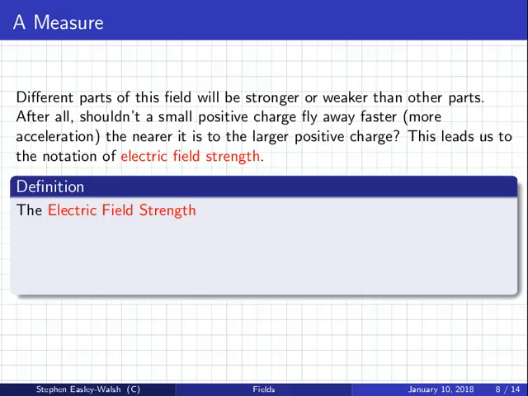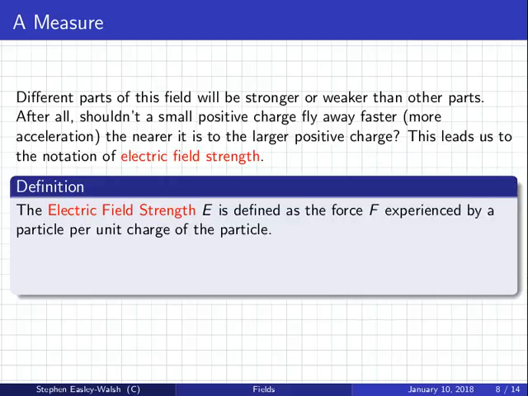So we have this thing called electric field strength. It's a way to measure how strong the field is. The electric field strength, E, is defined as the force per charge, or simply the field strength is the force divided by the charge of the little particle.